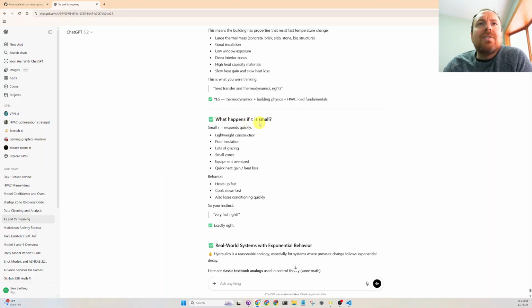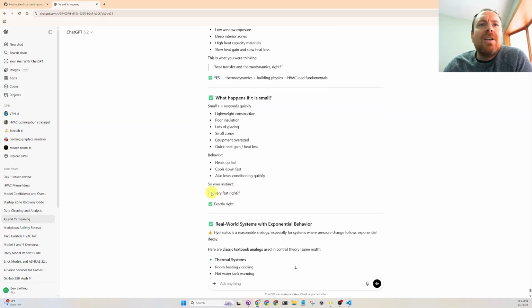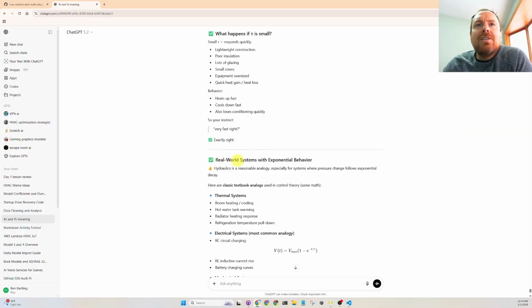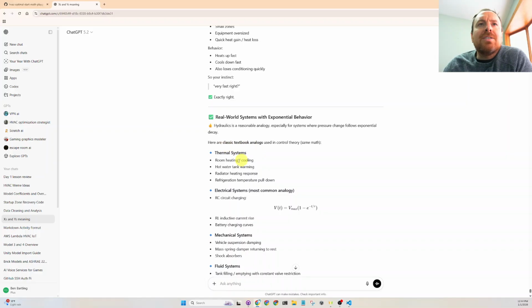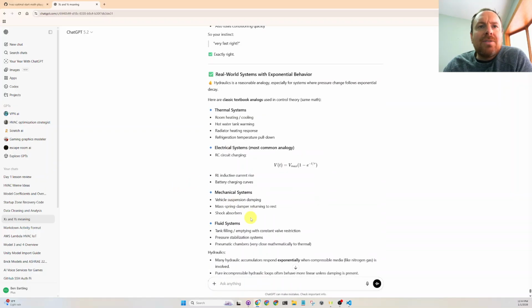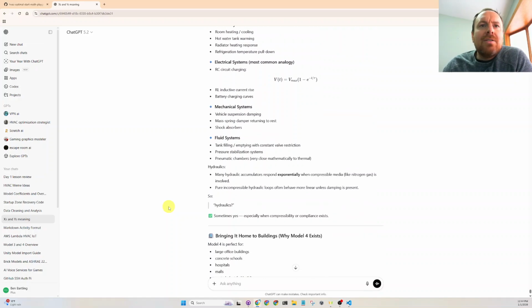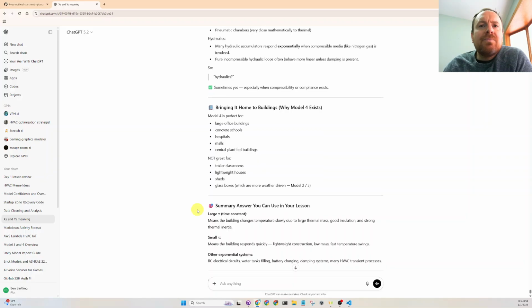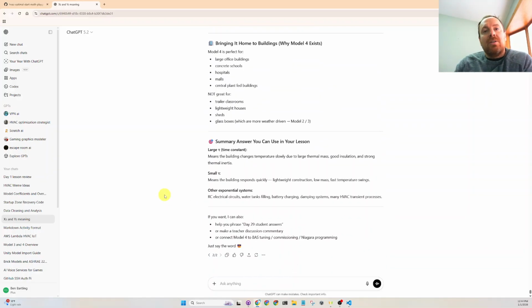What if the time constant is small? It responds fast, so yes, very fast, exactly right. Real-world systems with exponential behavior: hydraulics is a reasonable analogy. Here's a classic textbook example, thermal systems. Electrical systems, mechanical systems, fluid systems. So it's all in there.